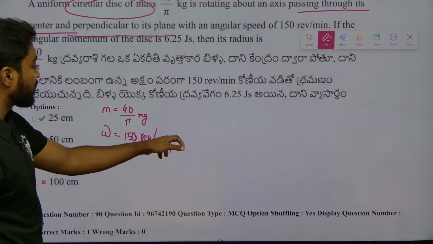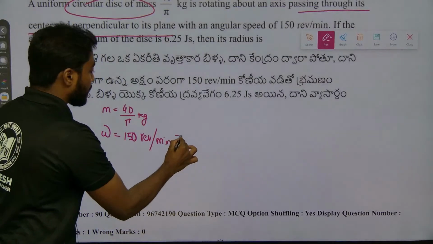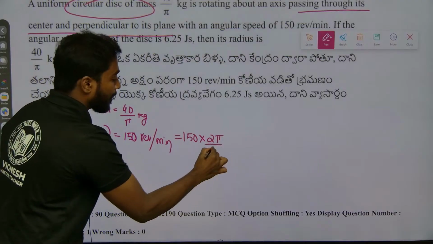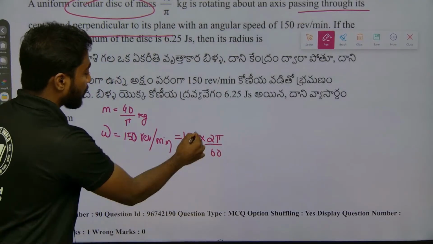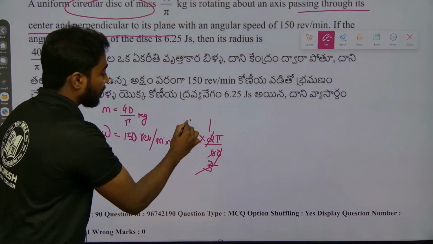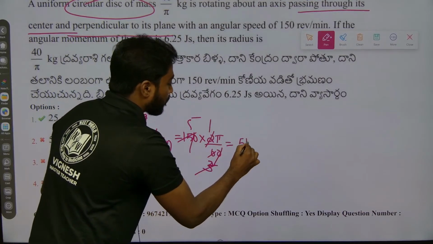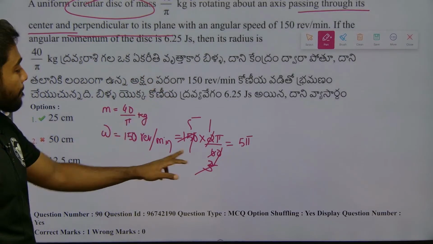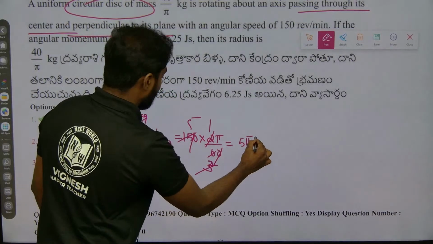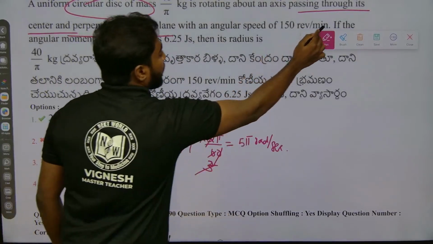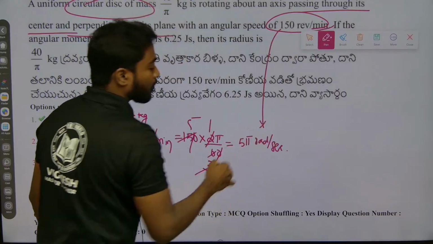I need to change it to radians per second. So 150 into 2 pi by 60. This is thrice, so this is 5. So 5 pi is my angular speed, in radians per second. I have changed revolution per minute to radians per second.